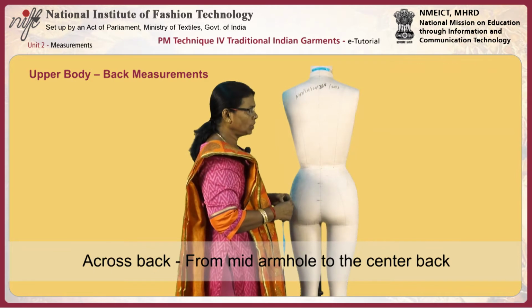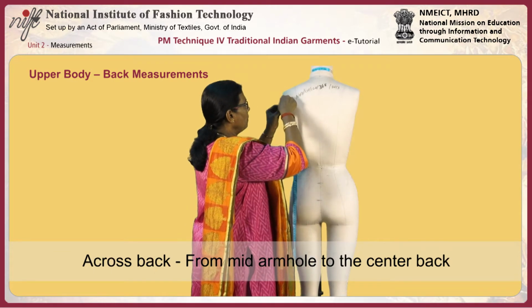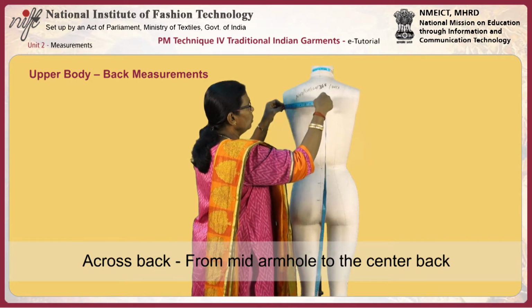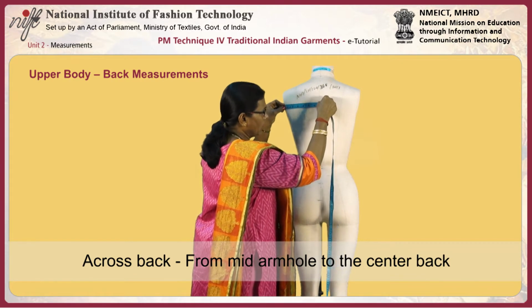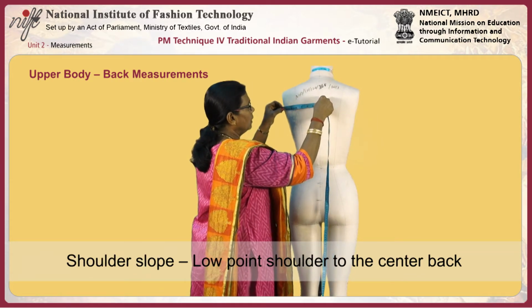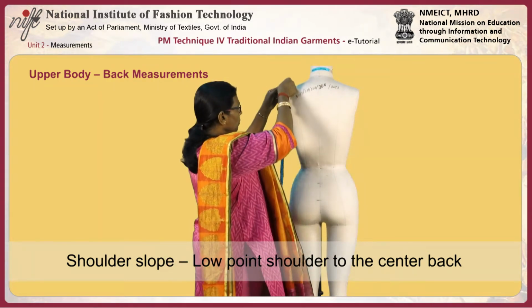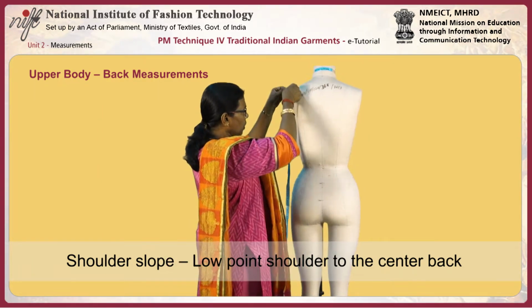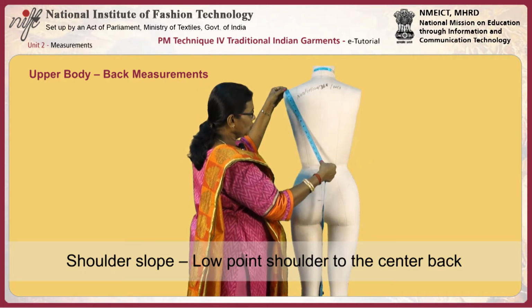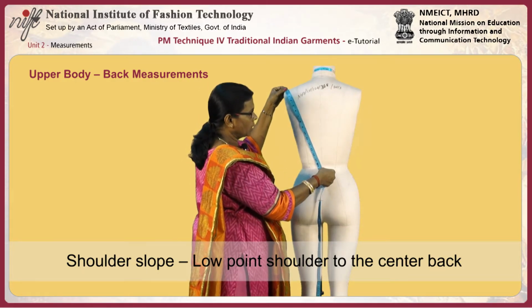Then across back, it's from mid armhole to the center back. Then shoulder slope. The back shoulder slope starts from the low point shoulder to the center back.